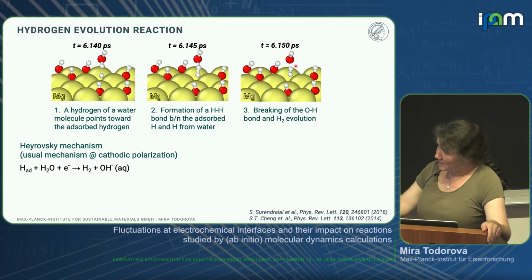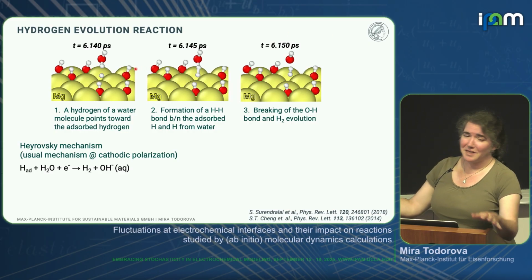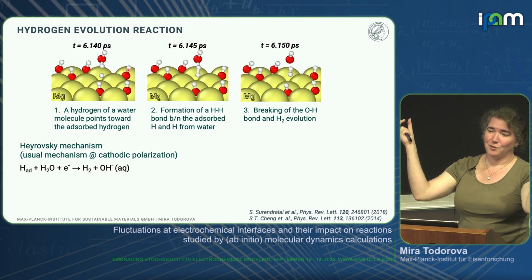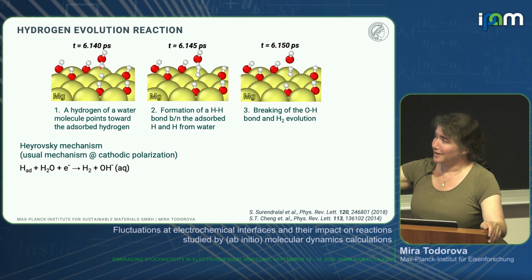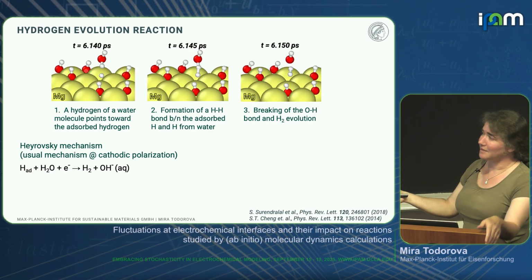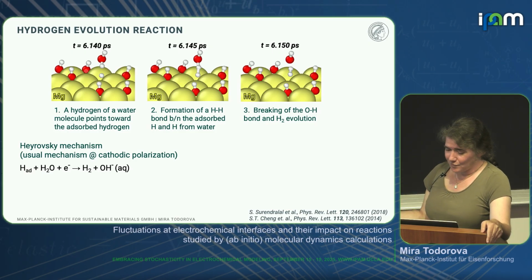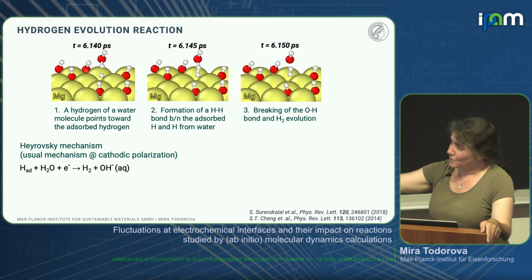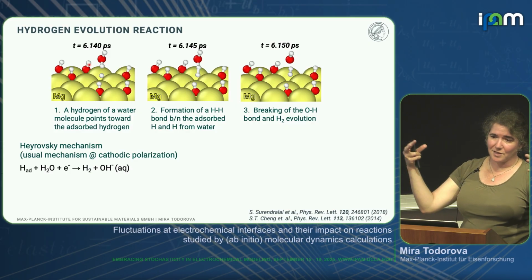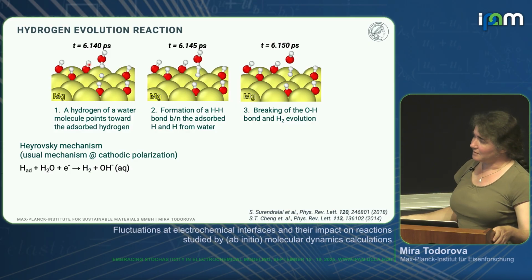Now, most people know from chemistry that the hydrogen on the water molecule is positively charged. So why would a positively charged ion go to something which we also expect to be generally positive and pick it up? But this is due to the hydrogen on the surface actually being negatively charged because of the magnesium properties, which has a very big spill-out density.